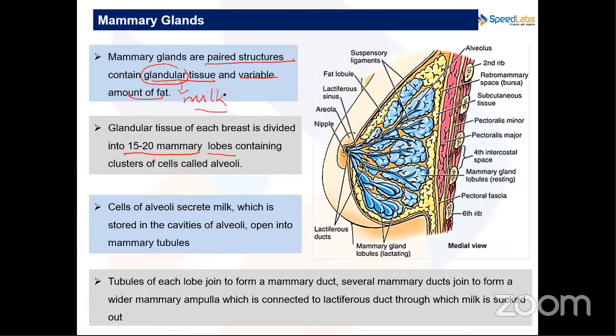Now see, I told you they are paired structures and they contain glandular tissue and fat. And where is the fat over here? These yellowish structures are the fat lobules. Everywhere you can see. So the fat content varies. Yes, it is a modification of the sweat gland.